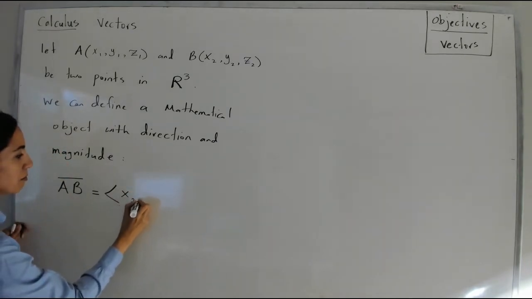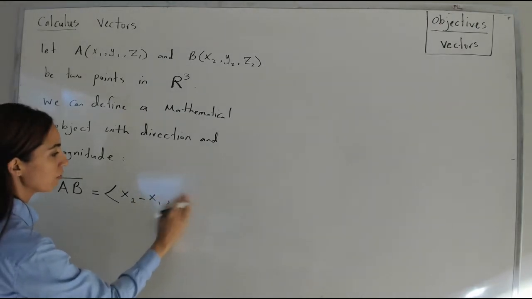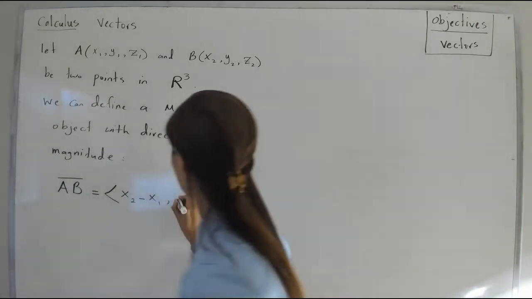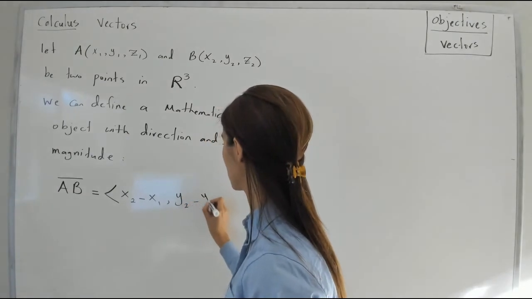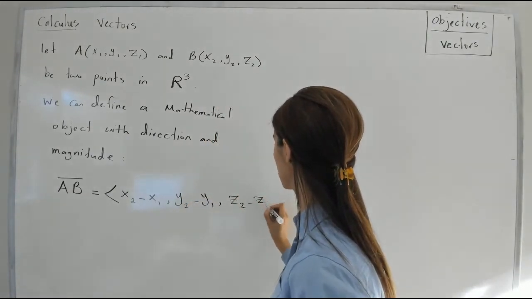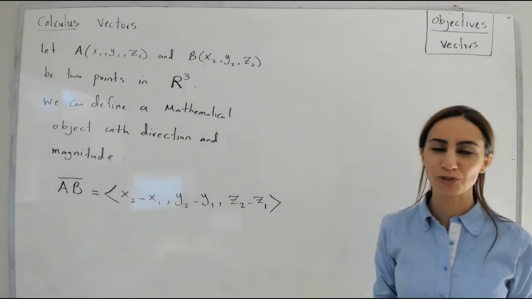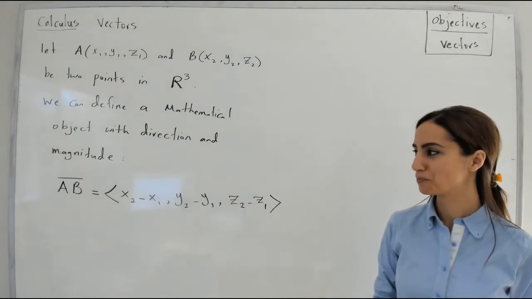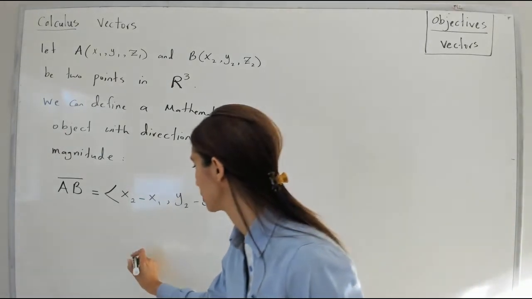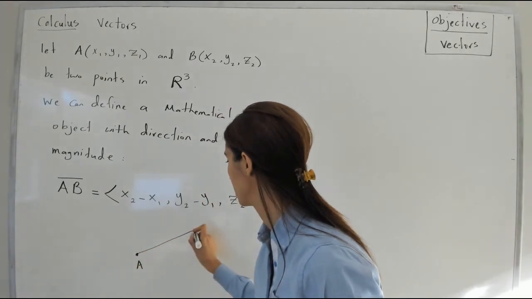X sub 2 minus x sub 1, comma, y sub 2 minus y sub 1, and finally z sub 2 minus z sub 1 is this new mathematical object that we call a vector. Starting from point A and going to point B in this direction.